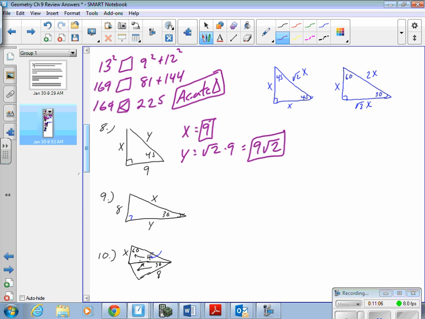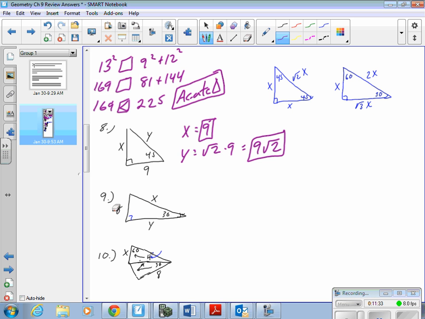So then number 9, we're looking at a 30, 60, 90 right triangle, which has a different relationship than a 45, 45, 90. For 30, 60, 90, everything's compared to the short leg. So if the short leg is x, the hypotenuse is 2 times the short leg, or 2x, and the long leg is the square root of 3 times the short leg, or square root of 3 times x here.